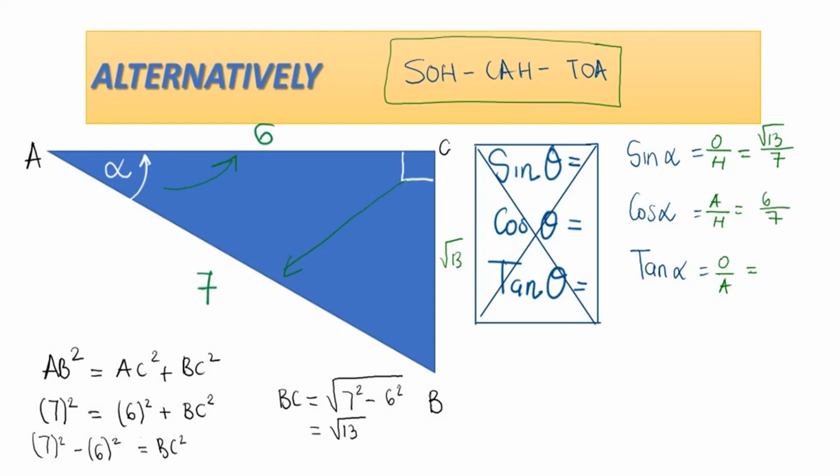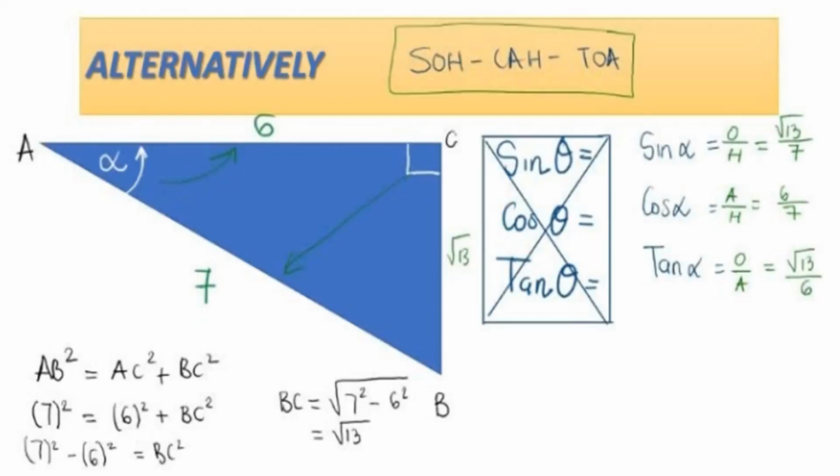And tan of alpha is equal to opposite over your adjacent. So your opposite side to our angle alpha is square root 13, and the adjacent is 6. Okay, so we've basically now defined the trig ratios with respect to our angle alpha.